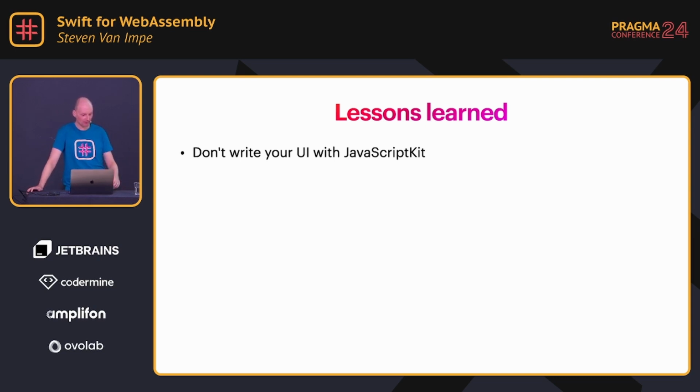So I wouldn't recommend writing your entire UI in JavaScript Kit. A more obvious route would be to reuse as much of your Swift code as you can and build your UI in whatever UI framework you want to use, be it React or Vue or Angular or whatever. Then you can use JavaScript Kit just to glue things together when you need to. Another lesson learned is that cross-compiling is quite tricky.